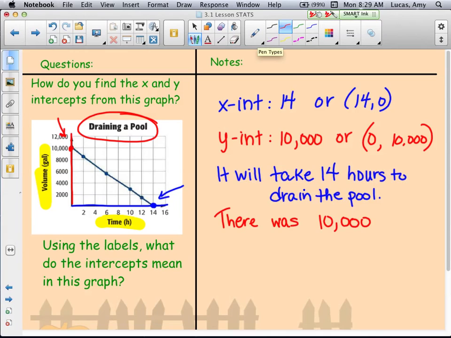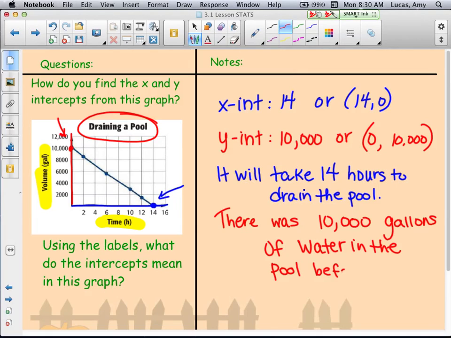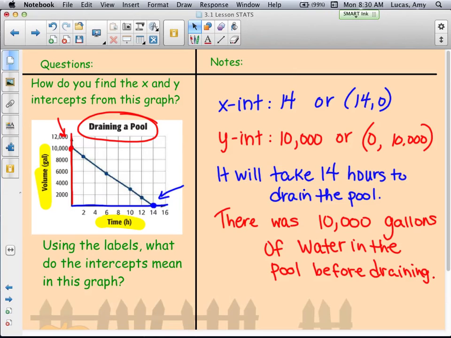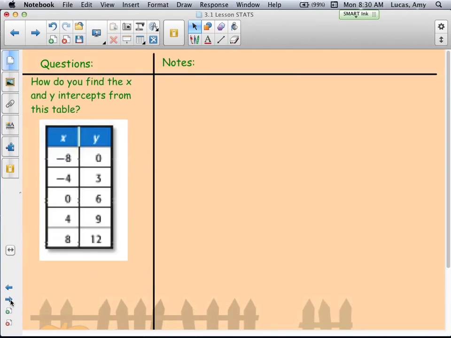So there was 10,000 gallons of water in the pool before draining. There we go. So it's important to look at the title and the axis labels to make sure you're understanding your situation.